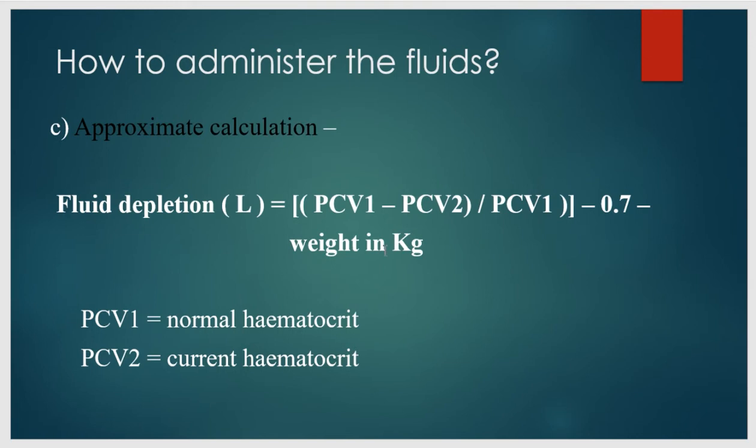It should be calculated like this. And sometimes, yes, in cases of hemorrhagic shock due to excessive bleeding, PCV2 could be below the normal value also. So just take the different values available with the patient, measure the weight, and you can use this equation to calculate the fluid depletion in liters.